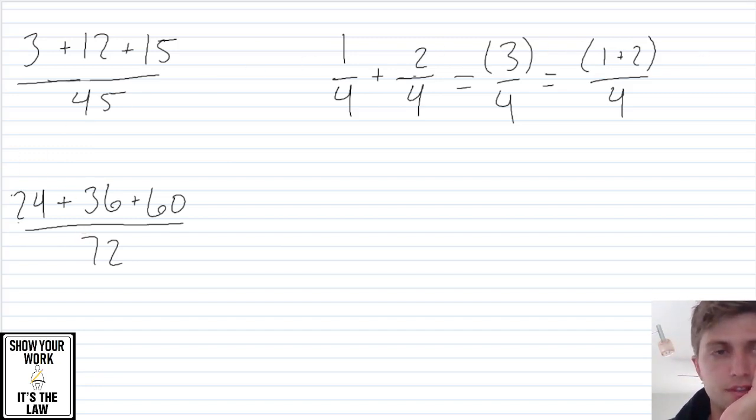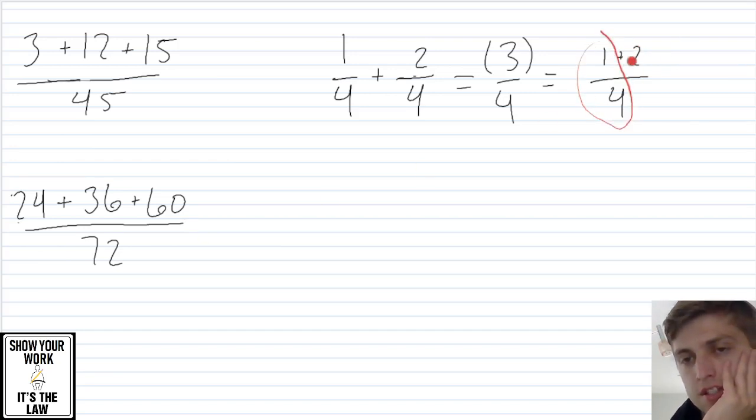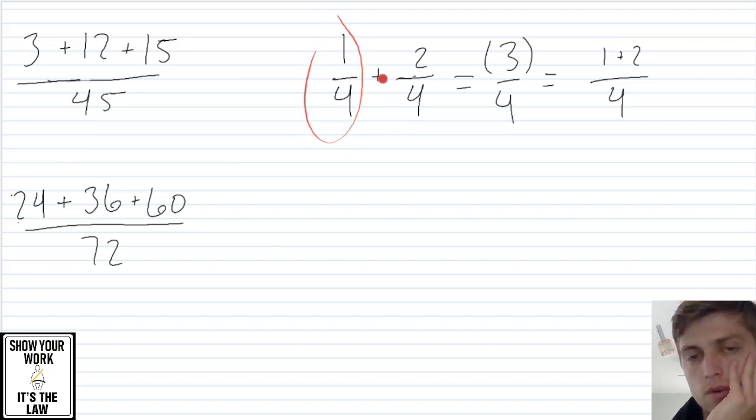But it shows us that when we have the numerator broken up, remember the numerator is the top half of the fraction, we can actually split it into fractions by the terms. So we can split this up into 1 over 4 plus 2 over 4.